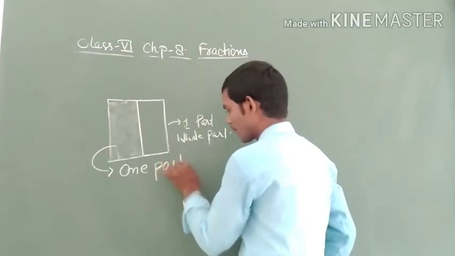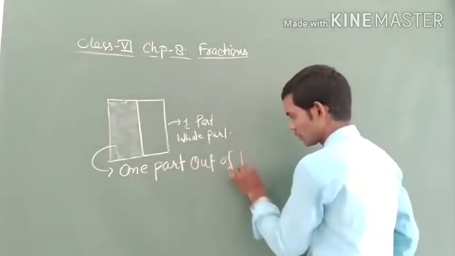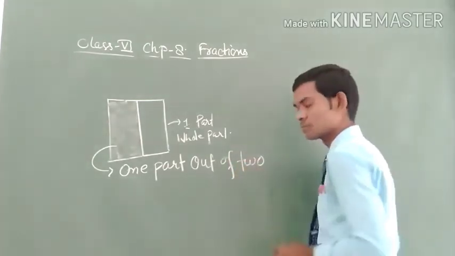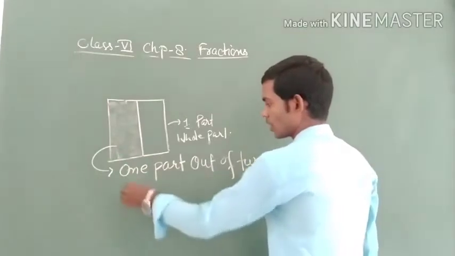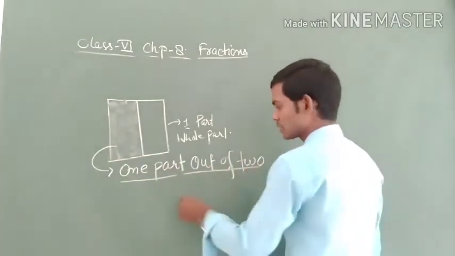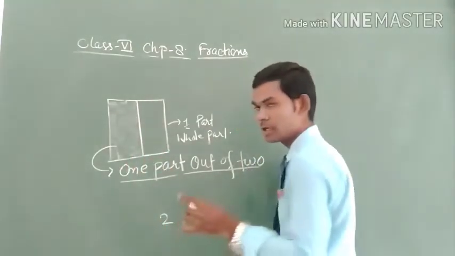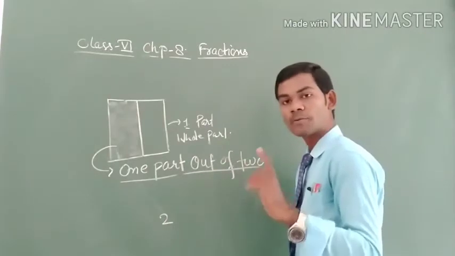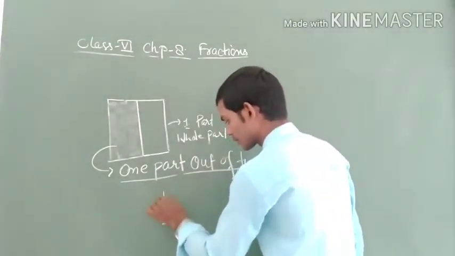Then we say one part out of two. Okay, the meaning of this figure is one part out of two. That means the whole is 2, and one part out of 2 has been shaded, then we write it like this.